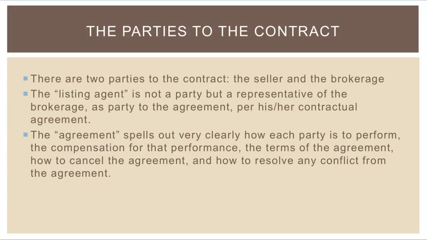The agreement also spells out very clearly how each party is to perform, the compensation for that performance, the terms of the agreement, how to cancel the agreement, and how to resolve any conflict from the agreement.